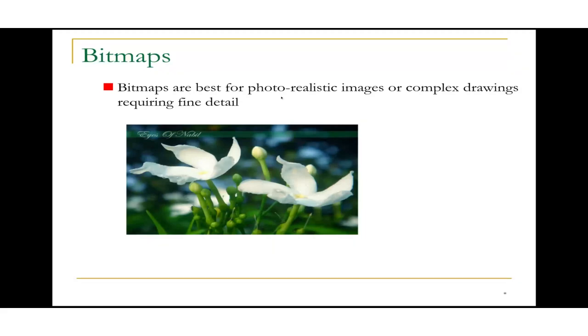So bitmaps are best for photorealistic images or complex drawings requiring fine detail. So if you want to see an image almost the way it was in its natural environment, if you want to take a snap of somebody and you want it to come out with almost every detail that is part of that particular person, then the best form is to take the image and store it as a bitmap.